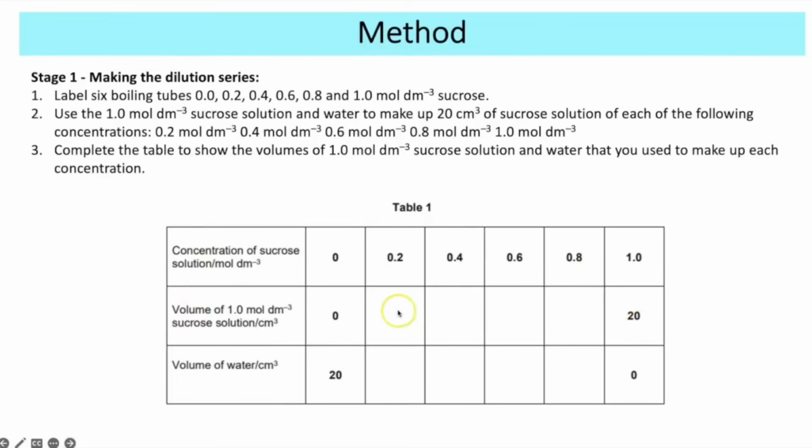We're told that each time that you are making up one of these solutions, your starting concentration is 1 mole per decimeter cubed. We know that the final volume has to be 20 centimeters cubed, so we then have to use that information as well as the final concentration that they need to be to work out the missing values. So for this experiment, these would be the different values that we'd need to get those concentrations.